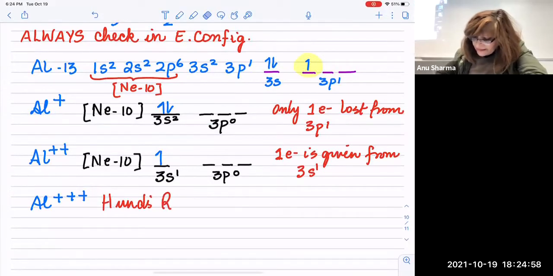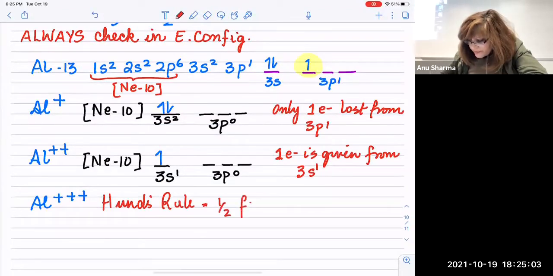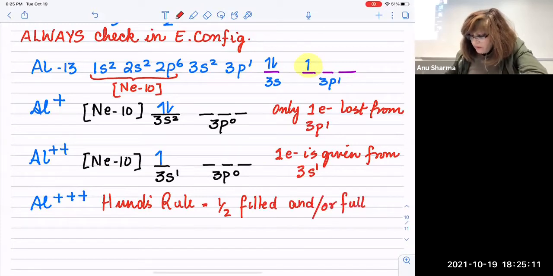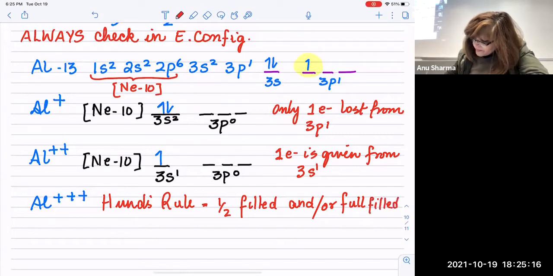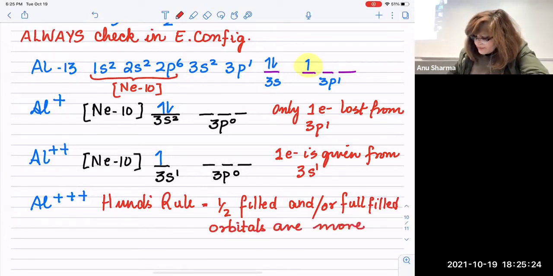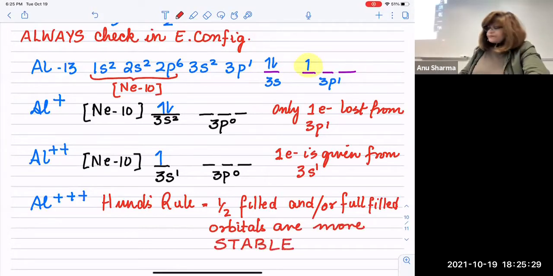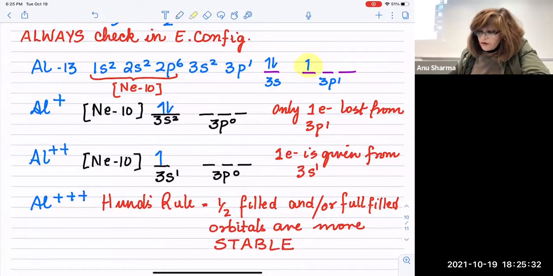Hund's rule is that half-filled and fully filled orbitals are more stable. Half-filled and fully filled orbitals are more stable. This is Hund's rule.